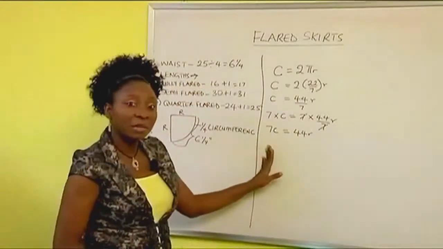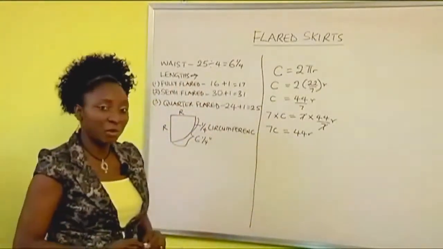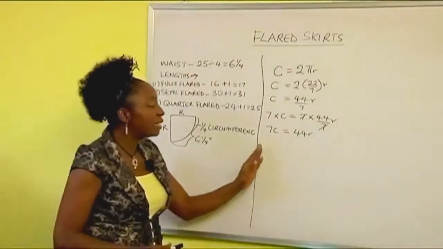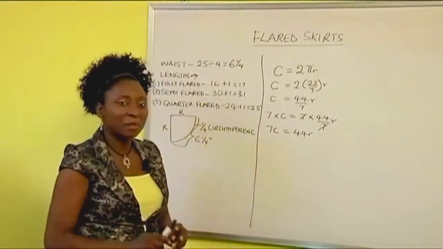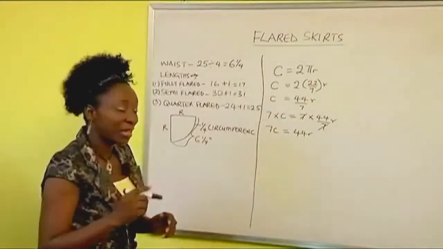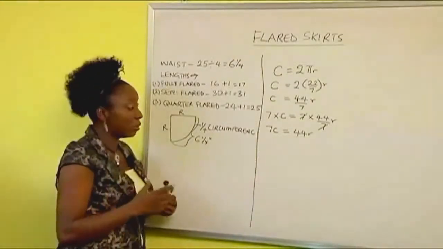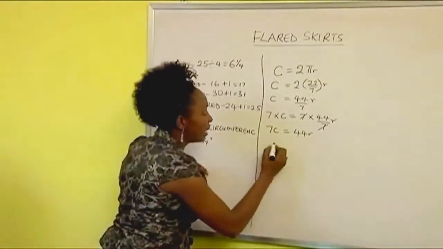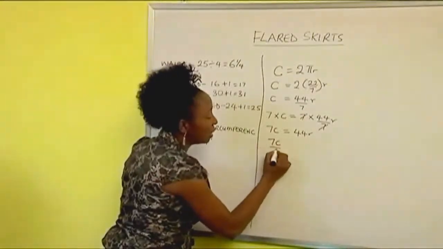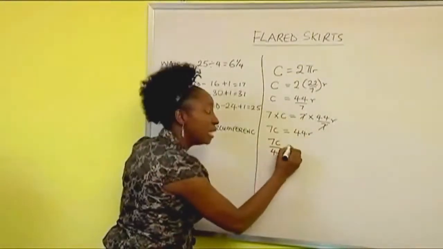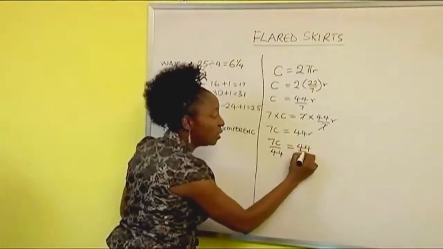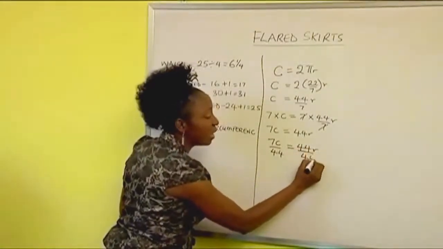So you can see that we're very close to making r the subject of the formula. So I want to take this and divide both sides by 44. Very clever. That's why mathematics is very good for life. So 7C divided by 44 would give me 44/44 r.